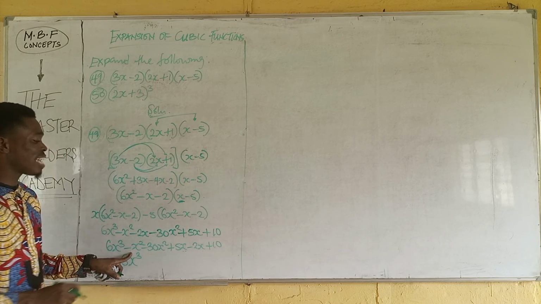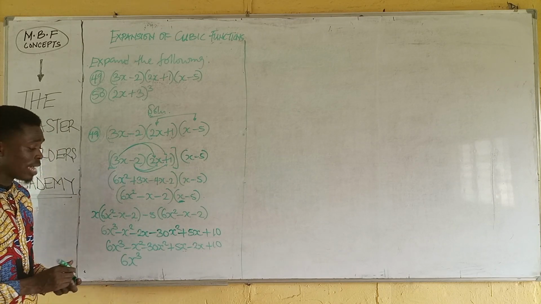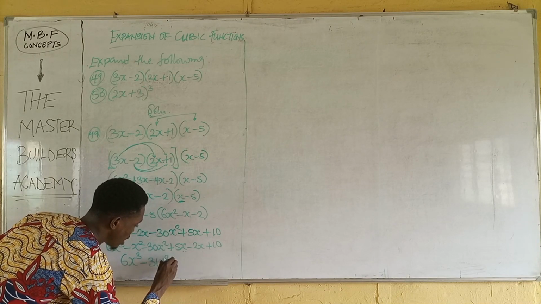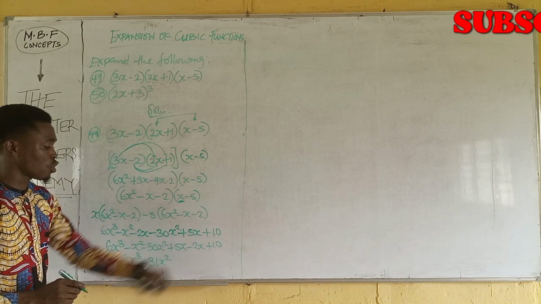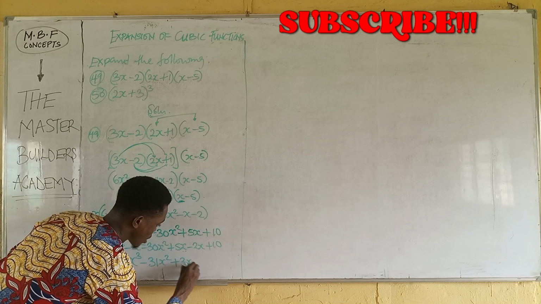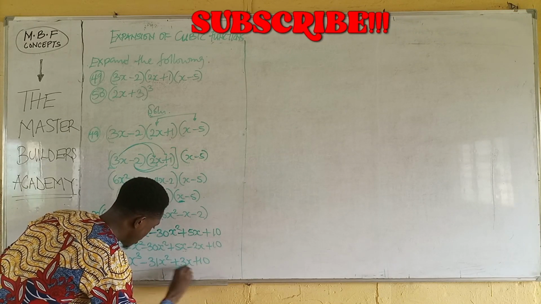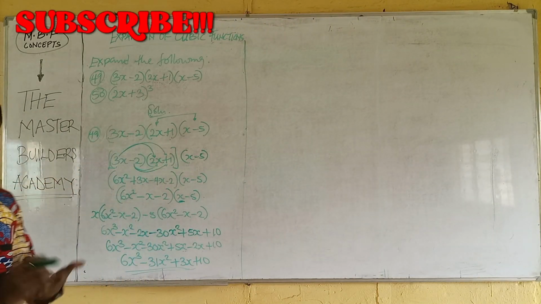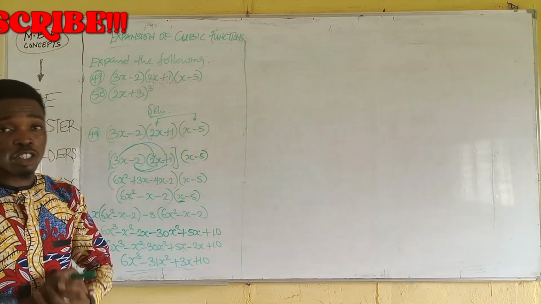Now, minus x squared minus 30x squared would have given us minus 31x squared, and 5x minus 2x, guys, this would have given us plus 3x plus 10. This is the answer to this very question. Guys, you see that it's very simple. It's the last but not the least.